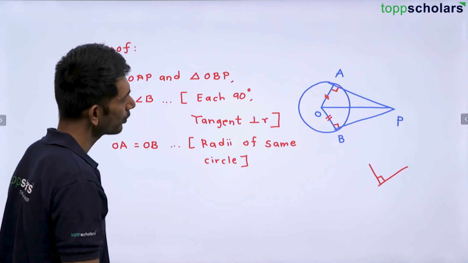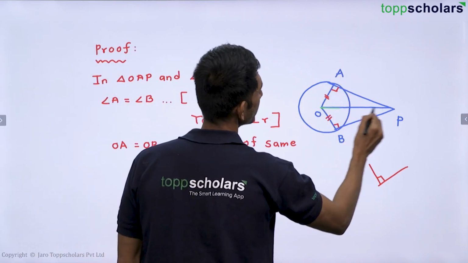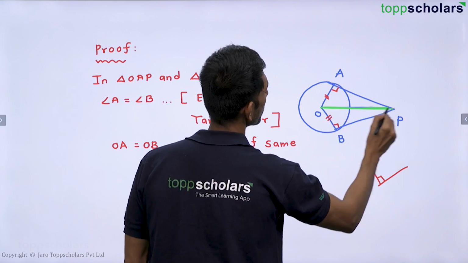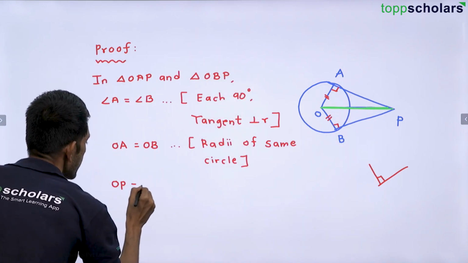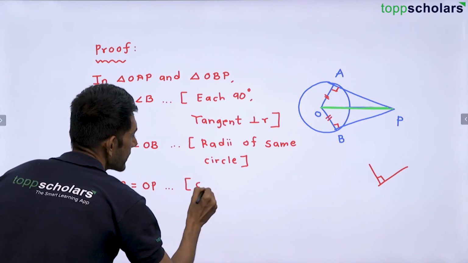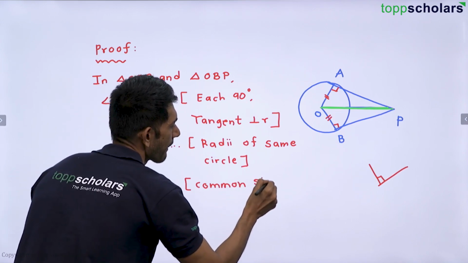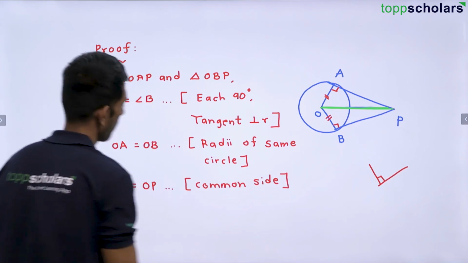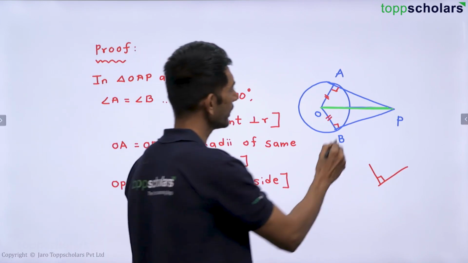So OA is equal to OB. And then can I write down this common side? There is this common side over here, that is OP. So I can write down OP is equal to OP. That is called as common side. Correct?